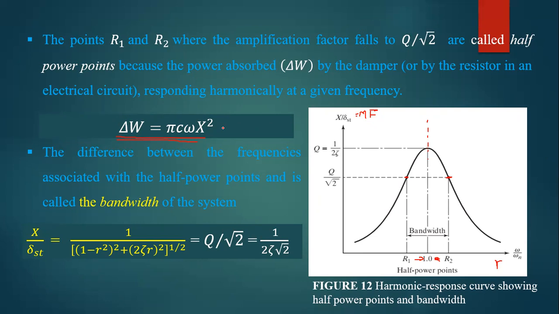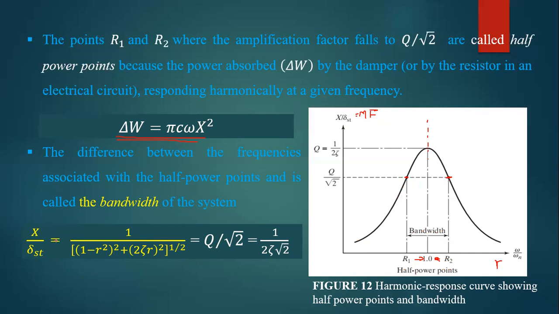The difference between the frequencies associated with the half power points is called the bandwidth. So this difference, R2 minus R1, gives us the bandwidth. Sometimes we call it narrow band or wide band.